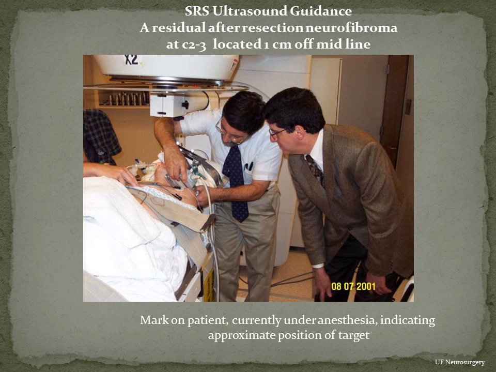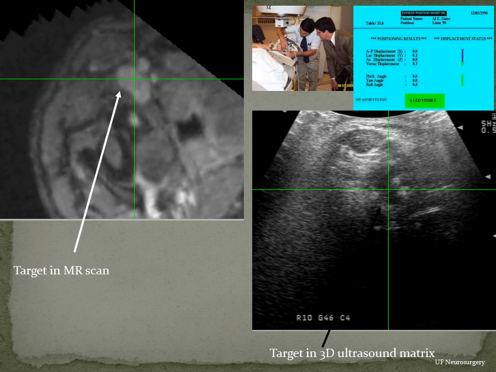We've also used over the years 3D ultrasound, and this may actually have a resurgence in stereotactic body radiosurgery, especially for things like liver mets. This is just a picture of us back in 2001 doing a case where the lesion was too low for head ring location. And here's the MR scan, and here's the ultrasound localization of it, and the guidance system guiding the machine back to that position.